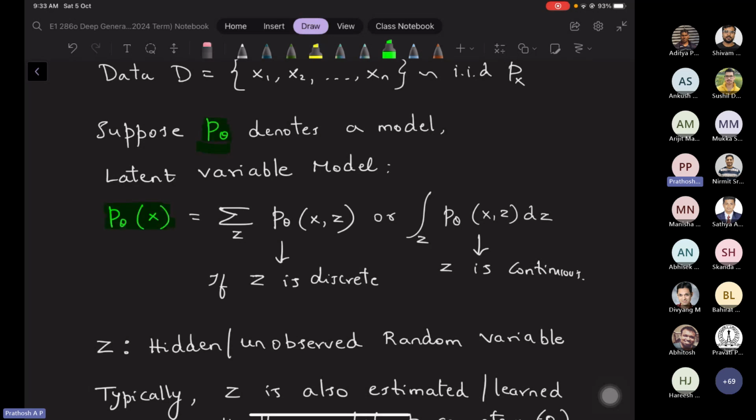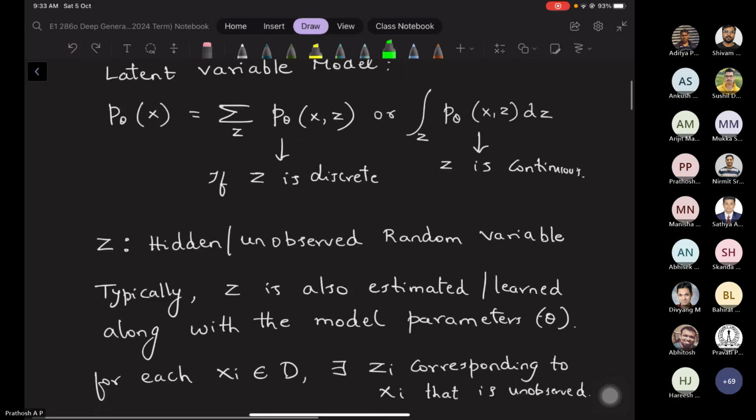Now, in a latent variable setting, that p theta is given as a marginal over the joint distribution of two variables. One is called the data variable, of course x, which is given, and one is the latent variable that is not observed. That's why the name latent or hidden variable.